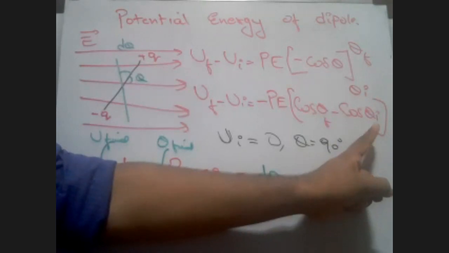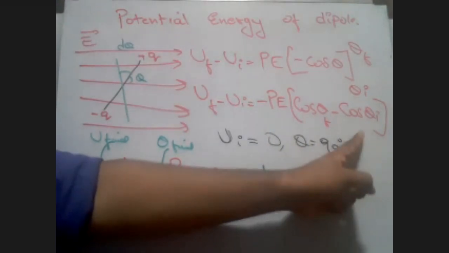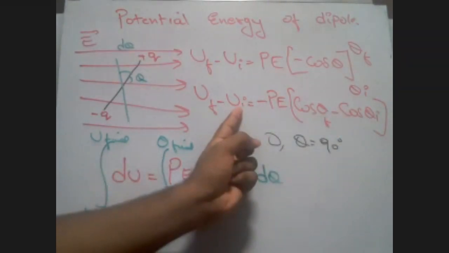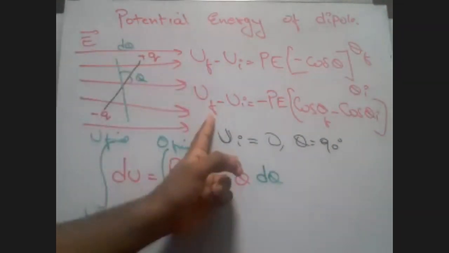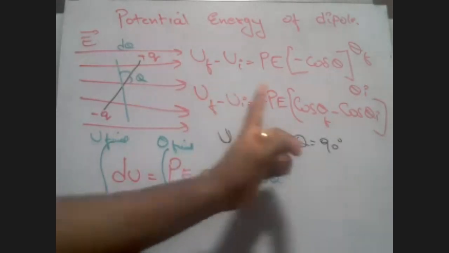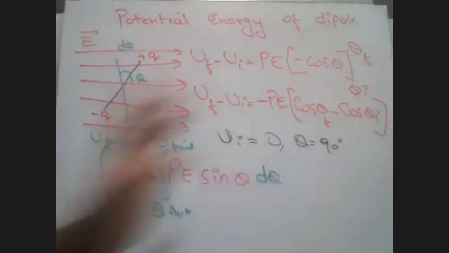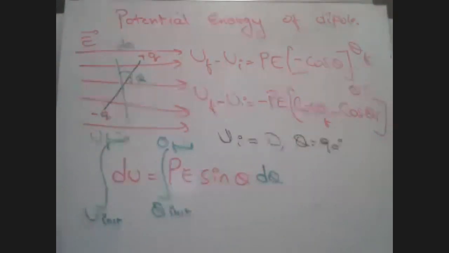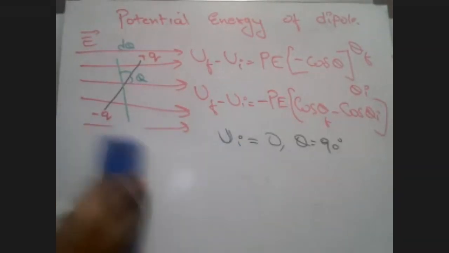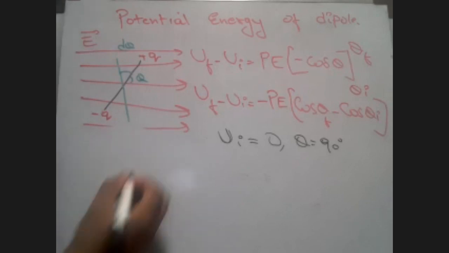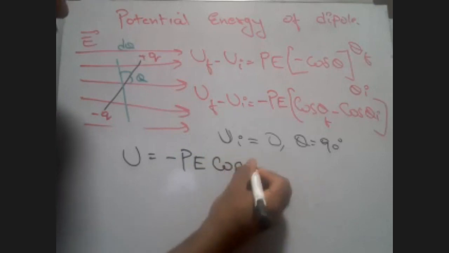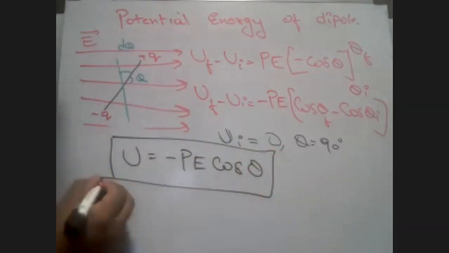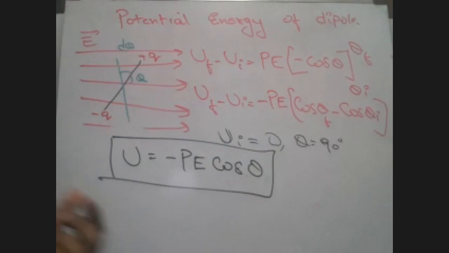So any term related with the initial point is going to be 0. What remains is the potential energy Uf equal to minus PE cos theta f. Taking a reference point, I can say that U is equal to minus PE cos theta. This is the general expression.